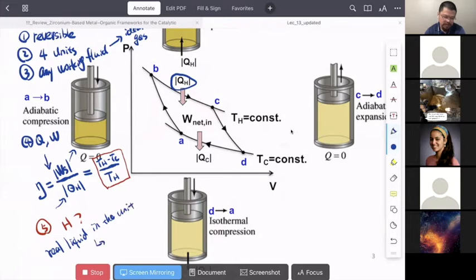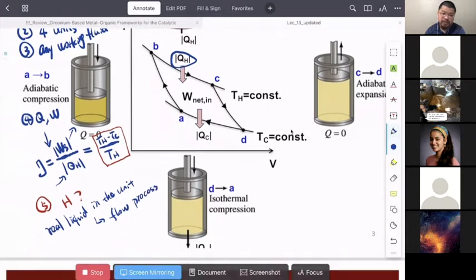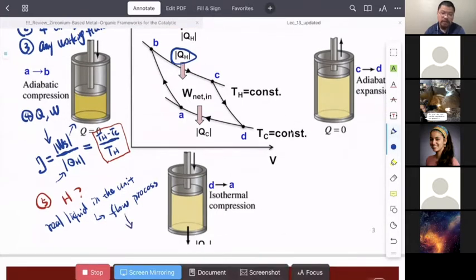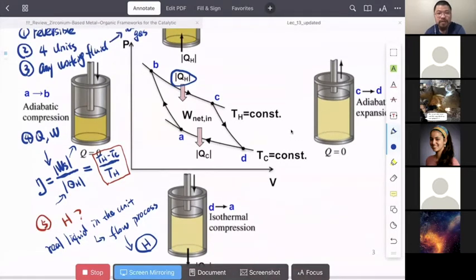Then this is a typical flow process. Then we understand that from the previous discussions, the flow process would be best described by the energy function of enthalpy. So this is why here we try to start from the enthalpy discussion and try to see how we can have a little bit more understanding of those units involved in the Carnot cycle or any heat engine in the reality.